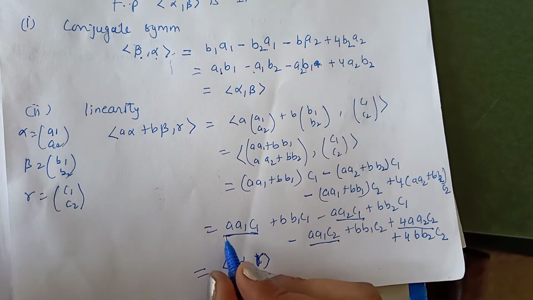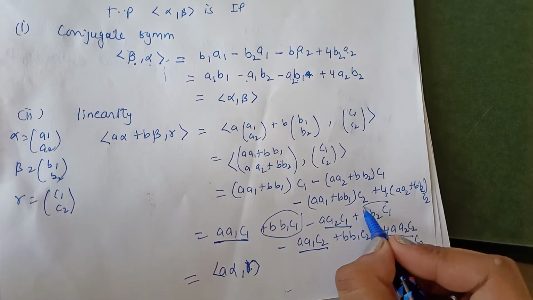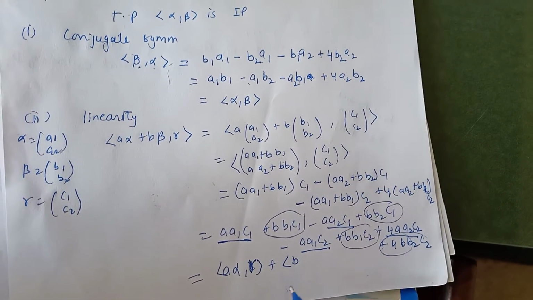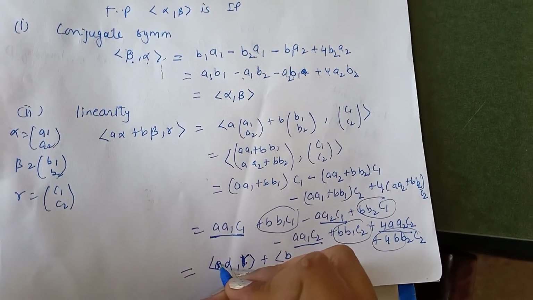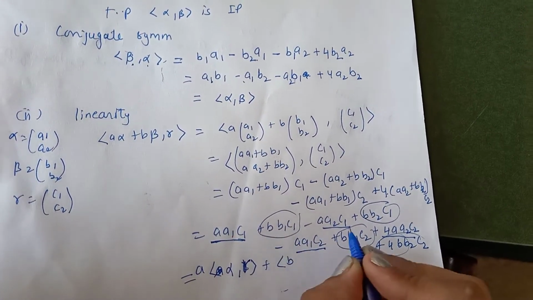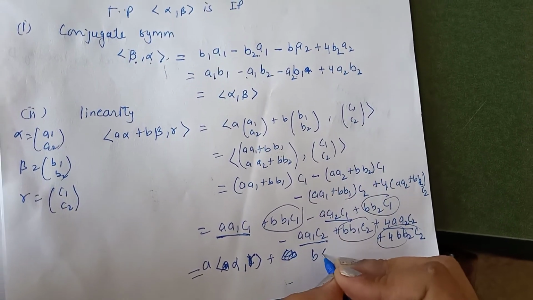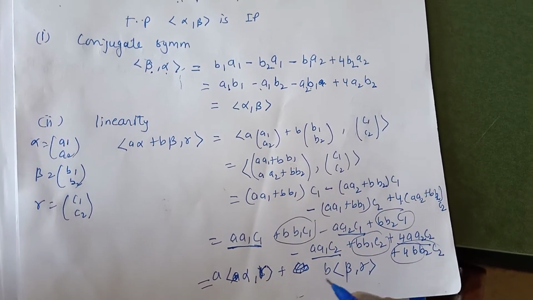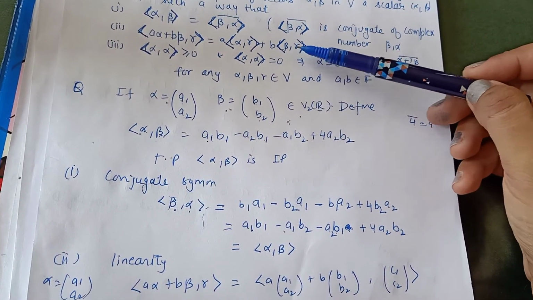You can check as per the definition, and then combine these terms. These all are b times this, beta with gamma. A will come out because a is constant, it is with every term. Similarly from here b will come out, and this will be beta with gamma. So that was all we needed to prove this second property.